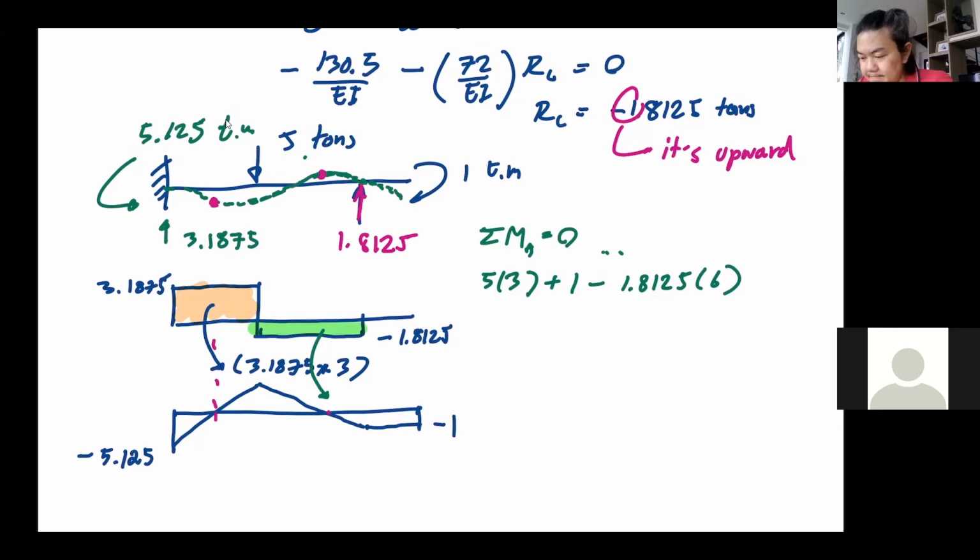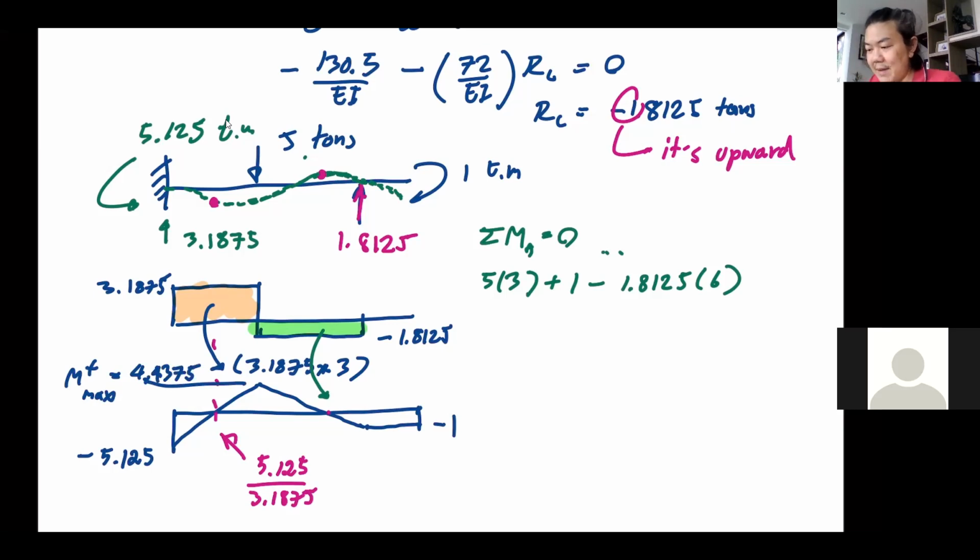And let's see, right here, this point is simply 5.125 divided by 3.1825. Okay. And the maximum moment here, M positive max, after this area turns out to be 4.4375.